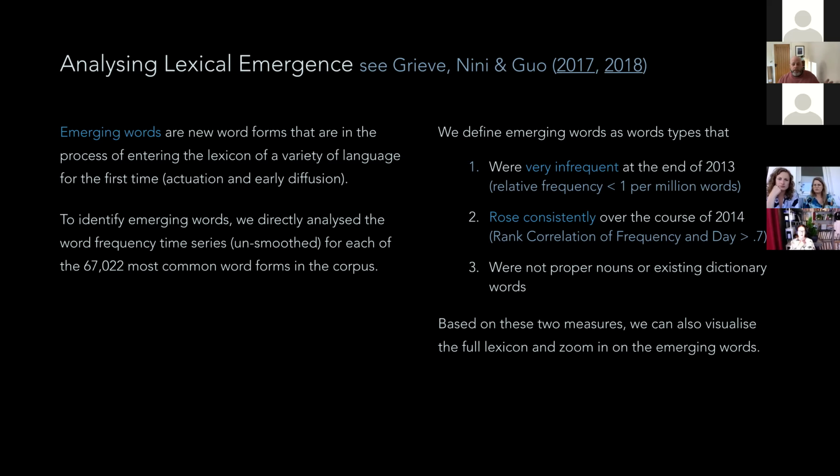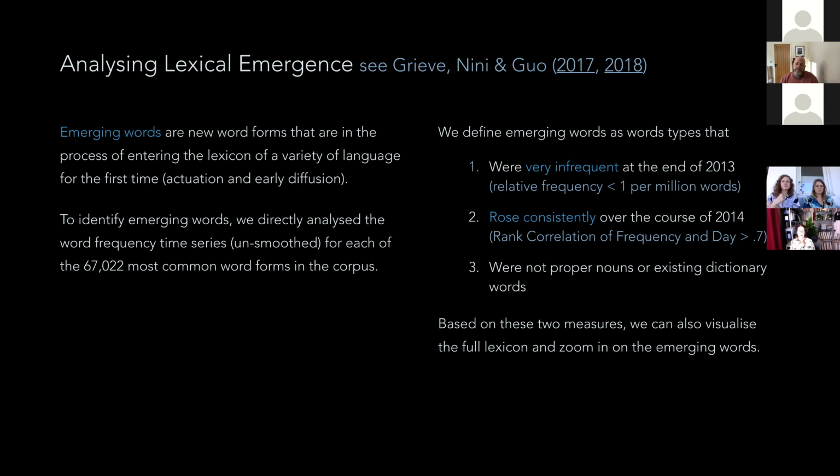So at the beginning of the corpus, we're trying to find words that didn't really occur then. Even not at all would be ideal. So things occurring less than once per million words. And then we were also looking for words that really rose consistently over the course of 2014. We did this just with a Spearman correlation, correlating rank of frequency against rank of day, and it had to be over 0.7.